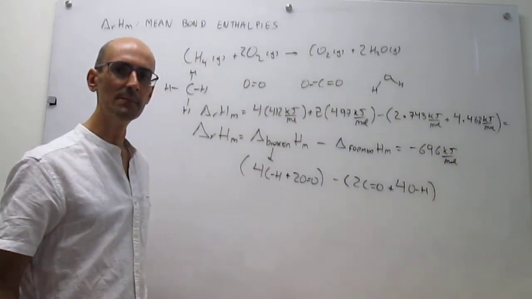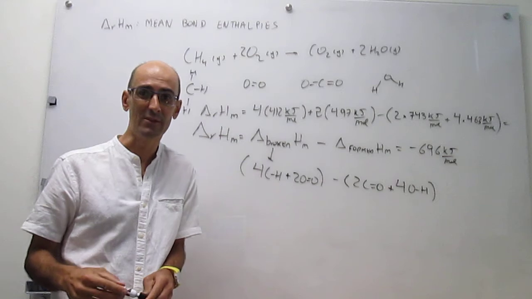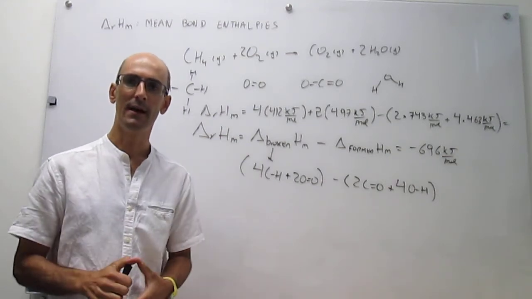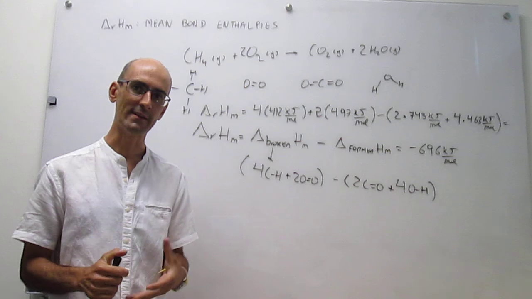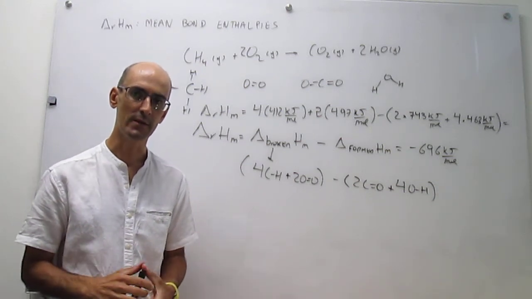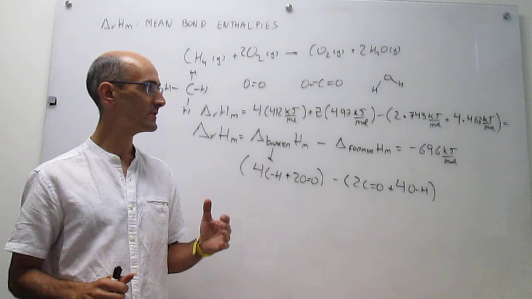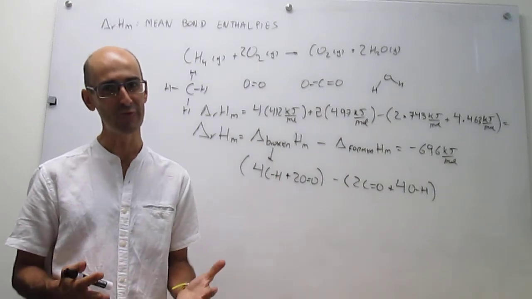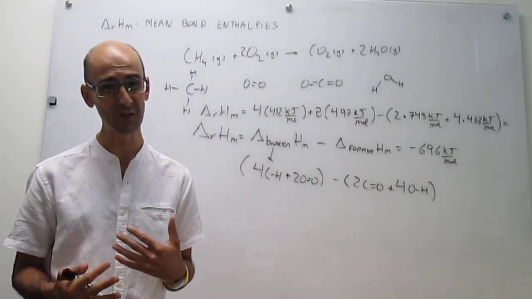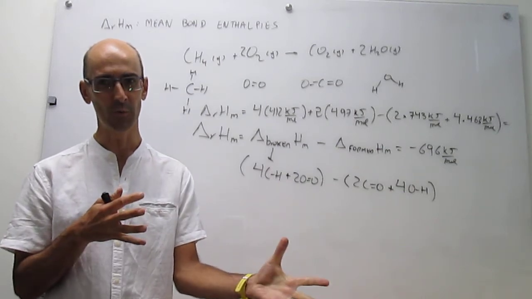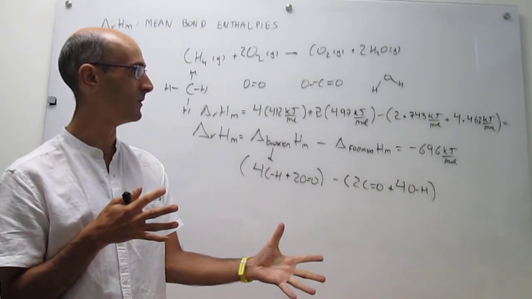Okay, so notice how simple the method is to use. You simply have to tally up all of the formed and broken bonds, and then add or subtract them appropriately. There are great caveats to this method, and one of them is that first, the numbers that appear in the table are averages. So for example, at the start of this video, we looked at how breaking the OH bond in water was worth 492 kilojoules per mole.